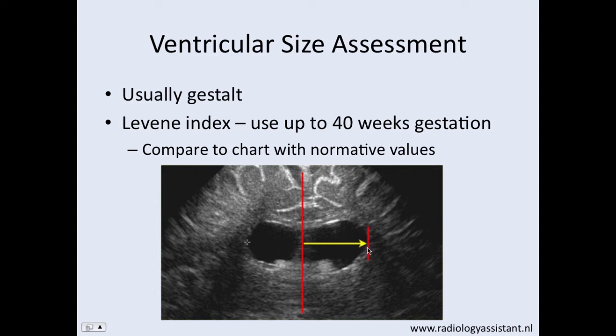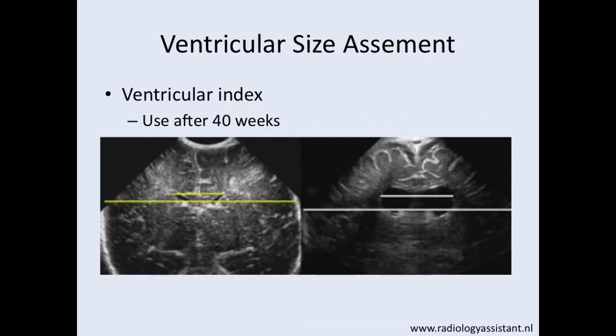And there's charts that they can look up online to say for a particular gestational age, the Levine index or measurement should be X amount, and then they can use that to say if the ventricles are larger than they should be or not.